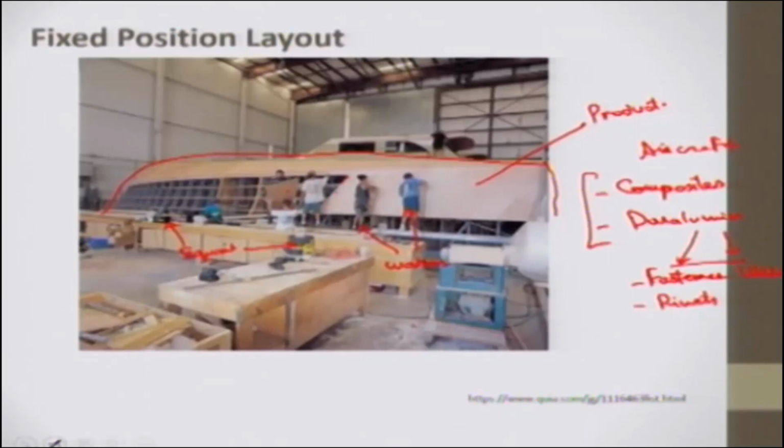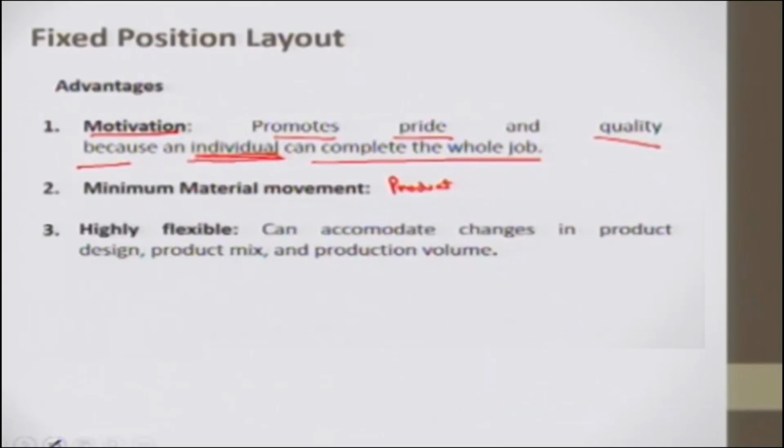So this welding equipment has to be portable. If not portable, the material movement would be complex. Otherwise, the product movement is very little here, minimal or maybe zero in these cases. So minimum material movement is here.